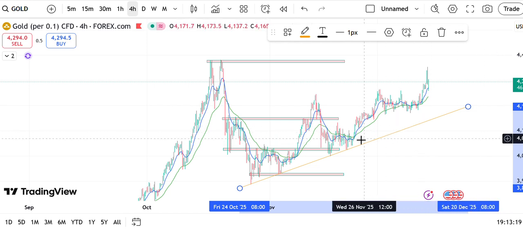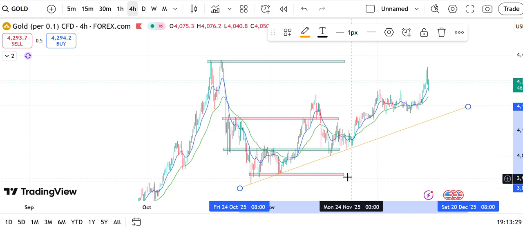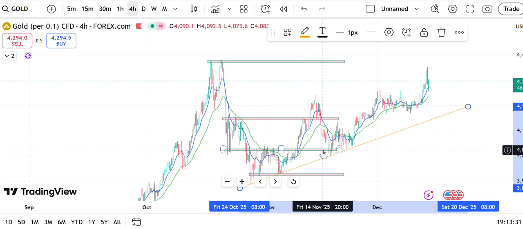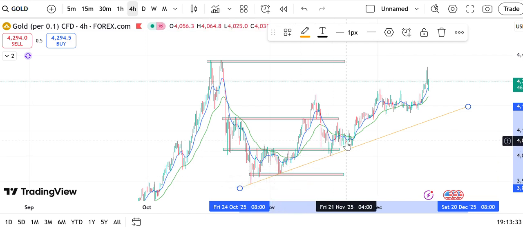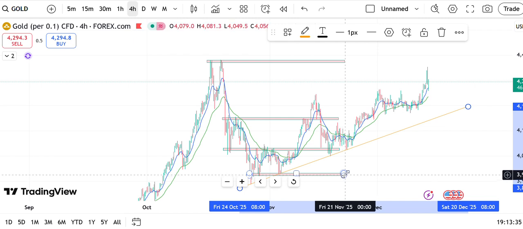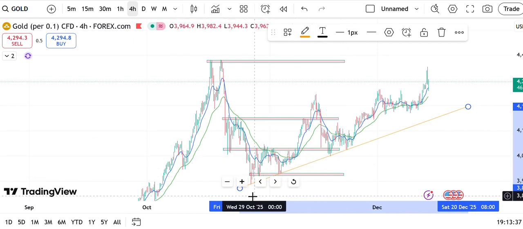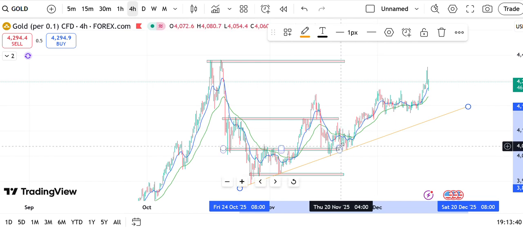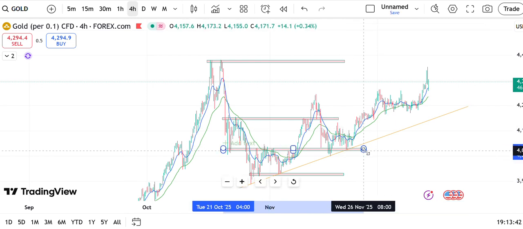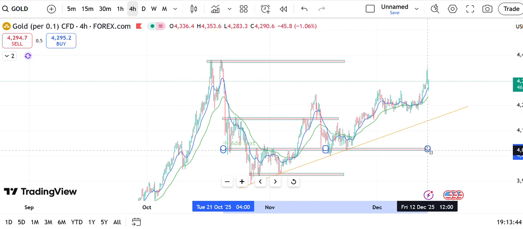As I told you from the beginning, there are key tools that I like to look at when trading gold: support and resistance, and trend line. Let me extend the support and resistance, and you should see it beautifully.